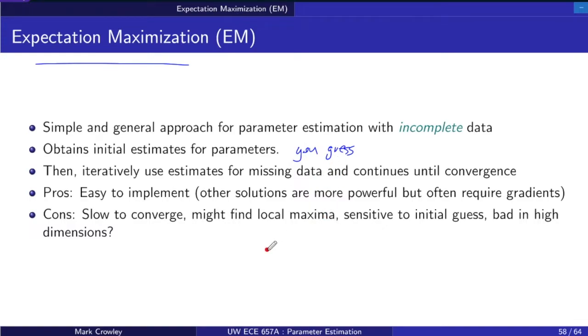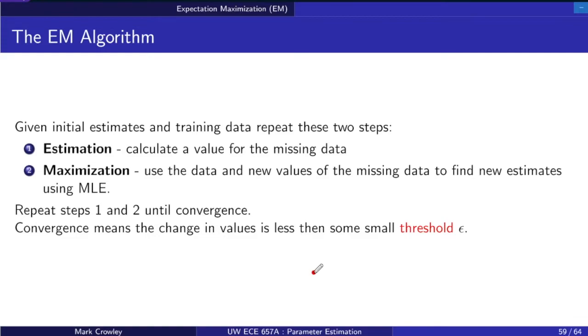And then you update the values so that you move closer to something. But you don't really need the actual gradient itself, because you're just using averages.